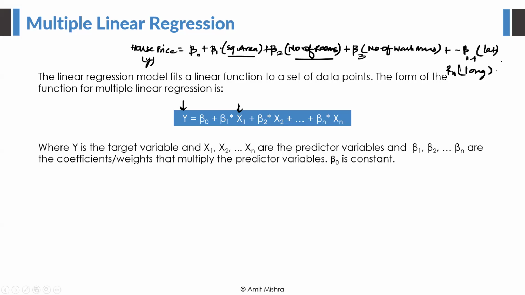That will be indicating your equation. So n number of features are possible and they are represented like this.